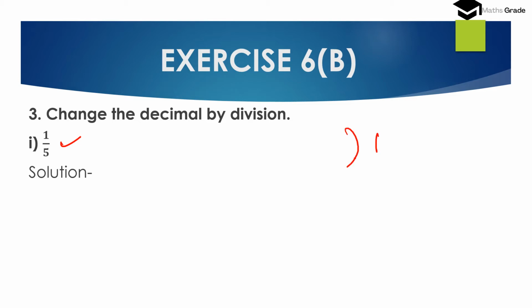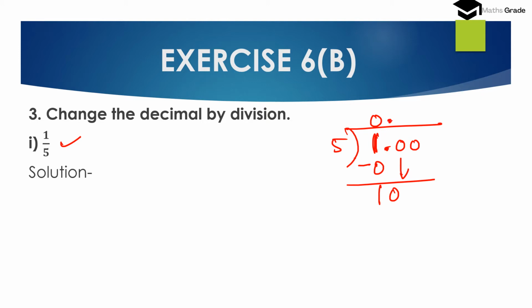1 divided by 5. So we can write 1 as 1.00. We cannot divide 1 by 5, so 5 multiplied with 0 is 0. Now 1 minus 0 is 1. Then take this 0 here, 10. Now here the decimal point, so we have to place the decimal point here.